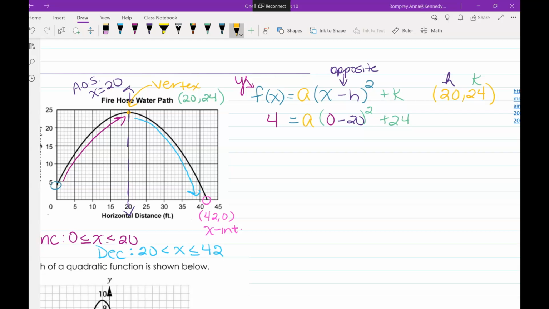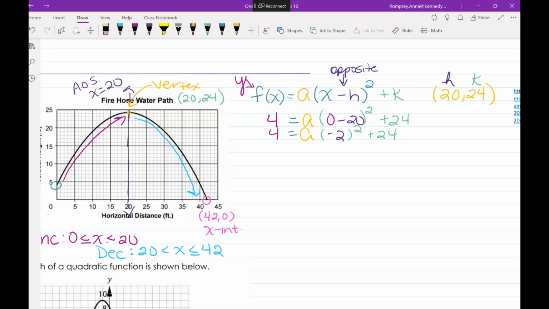Cool? You're probably thinking, no, Mr. Humphrey, not cool. It's okay. We only have one variable. Let's just follow PEMDAS and we can solve for a. So I'm going to start with these parentheses. So 4 equals a times 0 minus 20, so negative 20 squared plus 24.